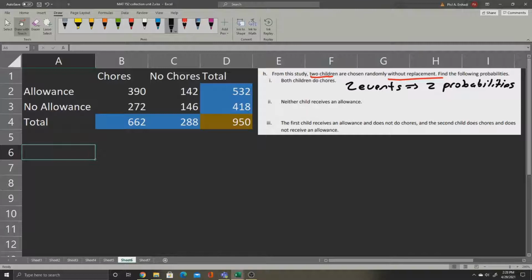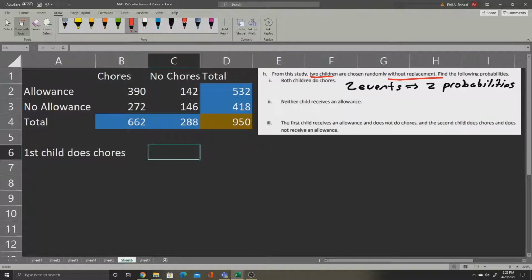Let's first calculate the probability that the first child does chores. Now, to calculate this, we look to the category totals. We look underneath chores first. There are 662 children who do chores out of a total of 950. Now, we take the 662 and divide by the 950.